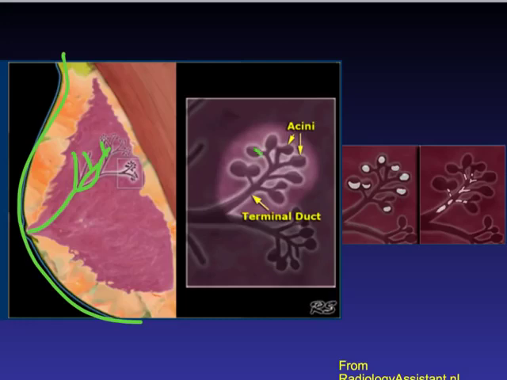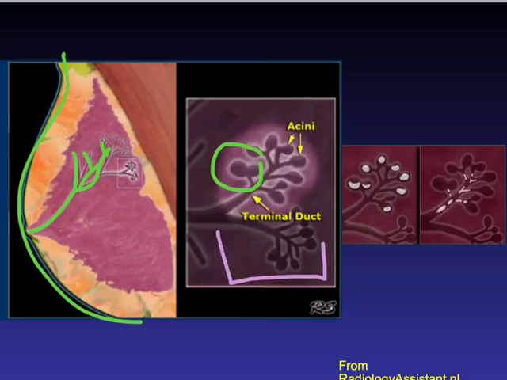And it's within these acini that milk is formed, which then extends through the ducts towards the nipple when a woman is lactating. This unit here is called the terminal duct lobular unit. And this is the location where a predominant number of breast cancers form. It is also a common location for calcifications to develop.